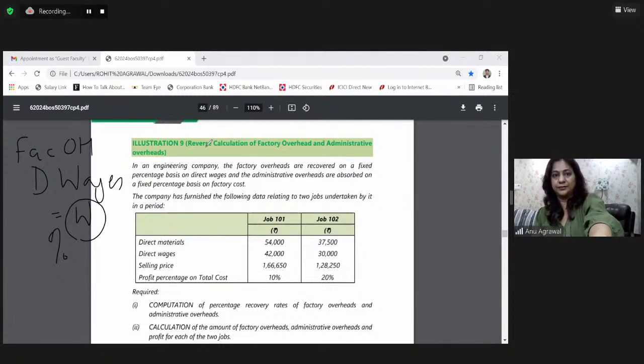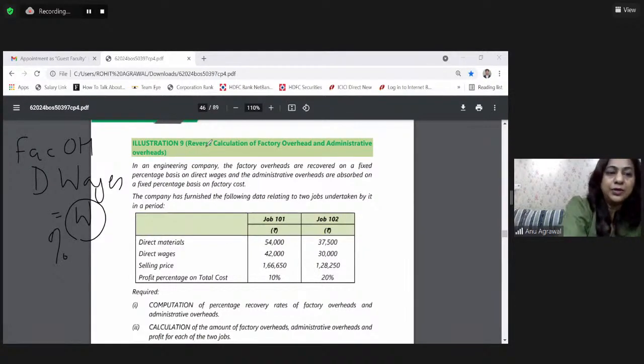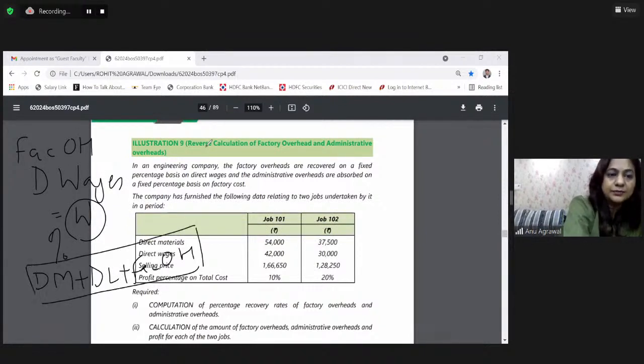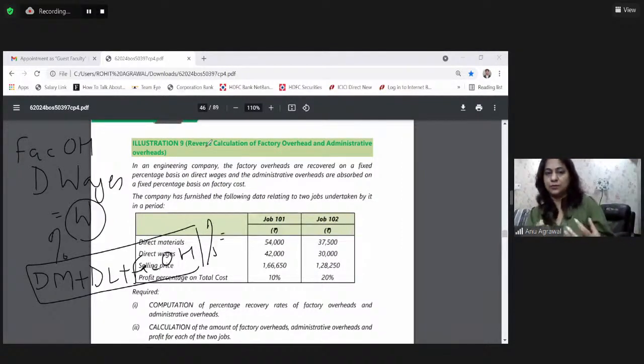This is what they're trying to say. And administration overheads, they are saying, will be equivalent to a percentage of factory cost, that means direct material plus direct labor plus factory overheads. A particular percentage of this total will be equivalent to admin overhead. This is what they are trying to say.